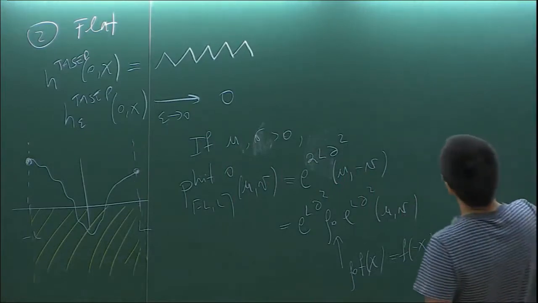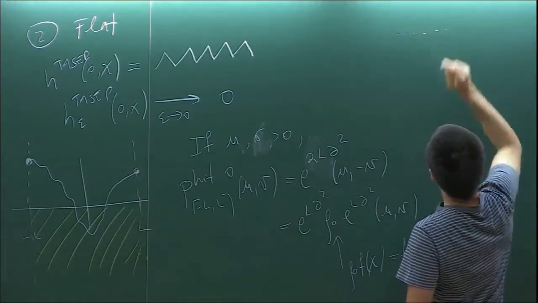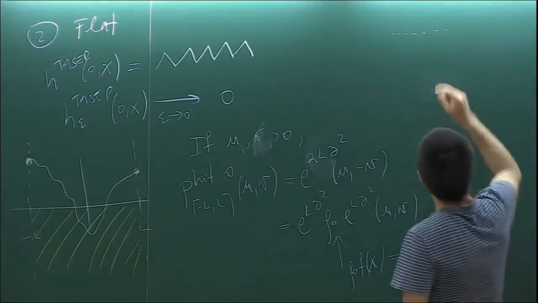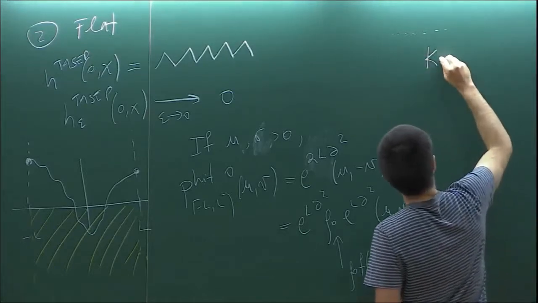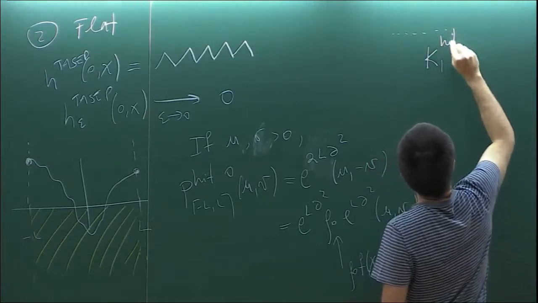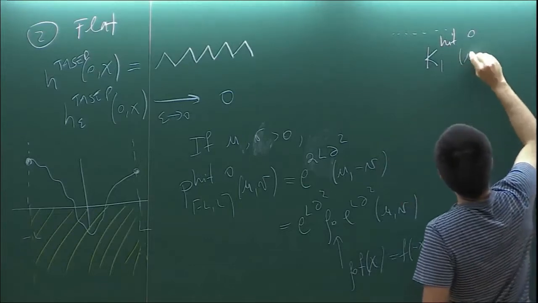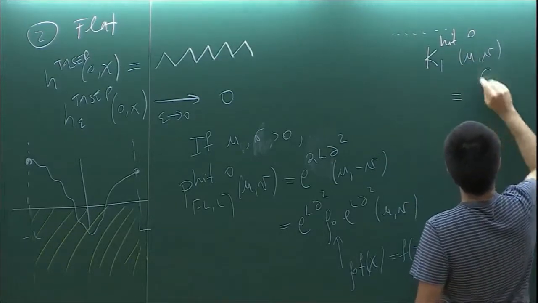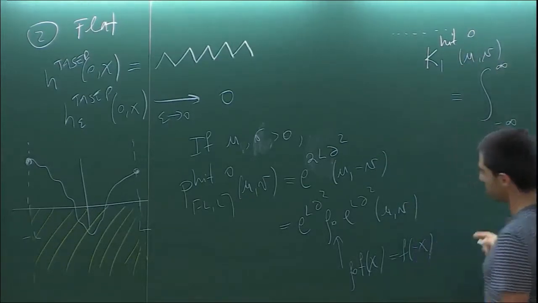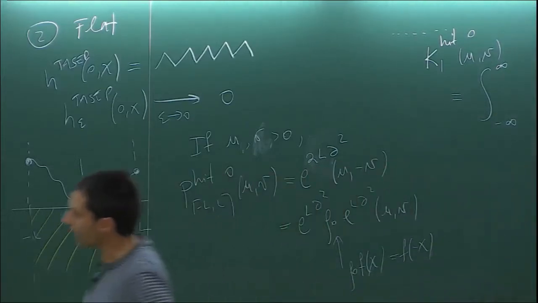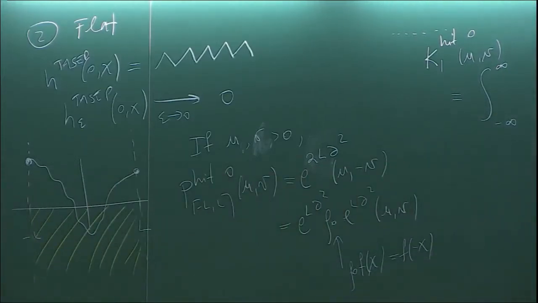So after doing all this, what you get is that K times 1 of hit 0 of u comma v equals the integral from minus infinity to infinity. So here I had the integral from minus infinity to 0 because of that projection here.